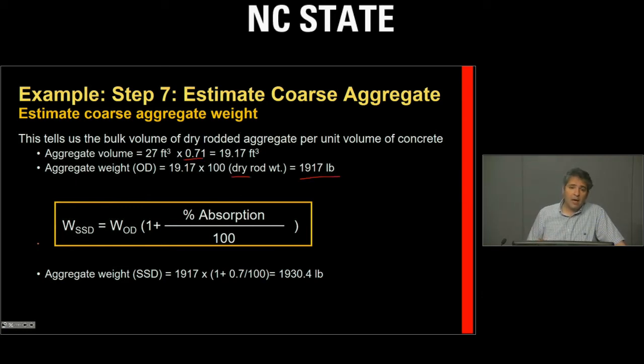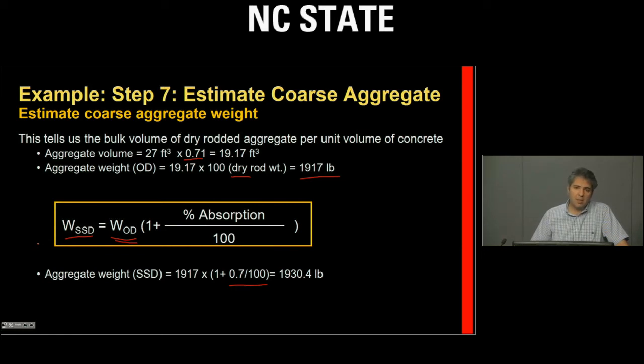Therefore, now we have to account for the amount of moisture, the mass of the water inside the aggregate in SSD condition as well. Of course, we have this oven dry weight, and we use this formula from the aggregate lectures to calculate it. You probably remember that you can calculate the SSD weight of the coarse aggregate, and over here we multiply this by 0.7%.